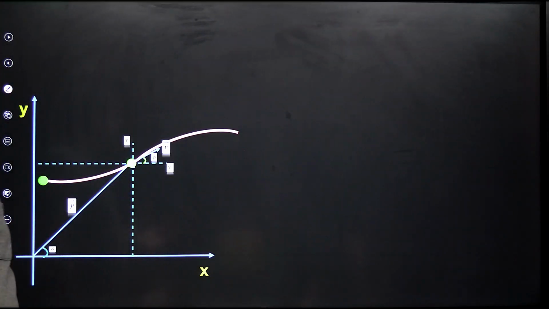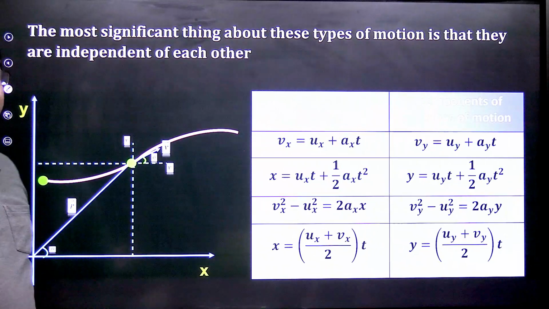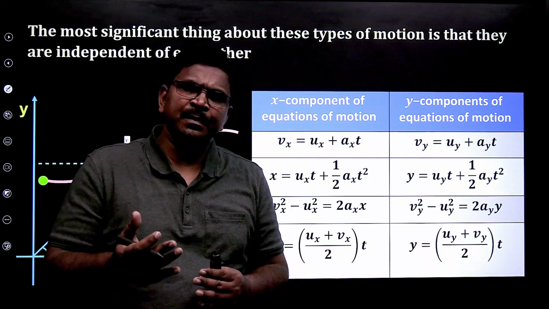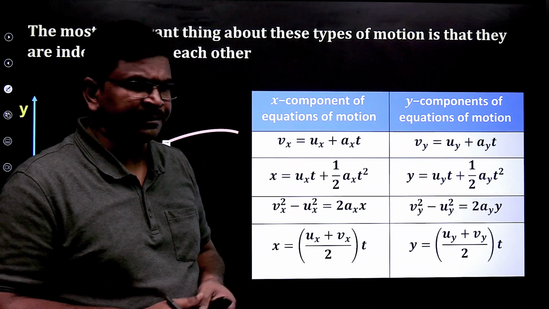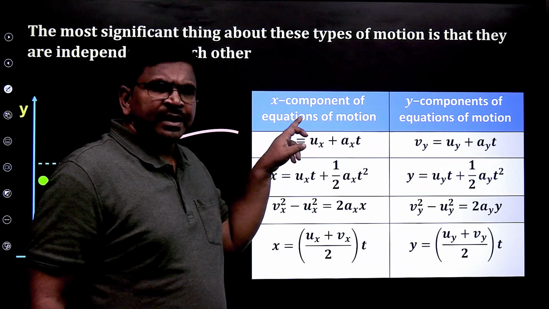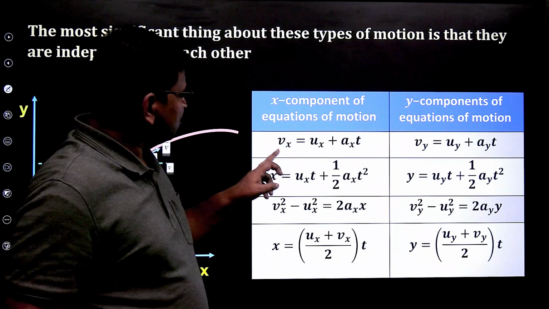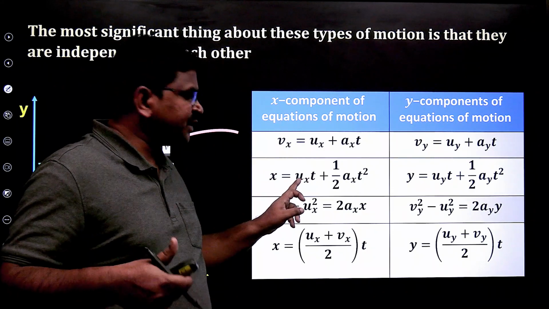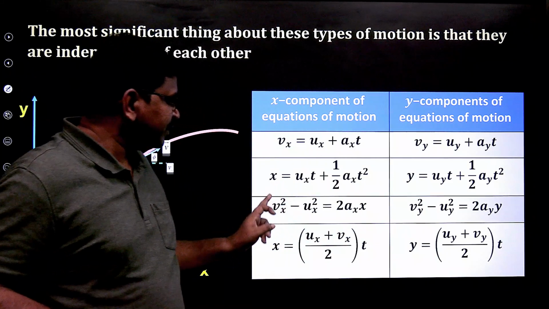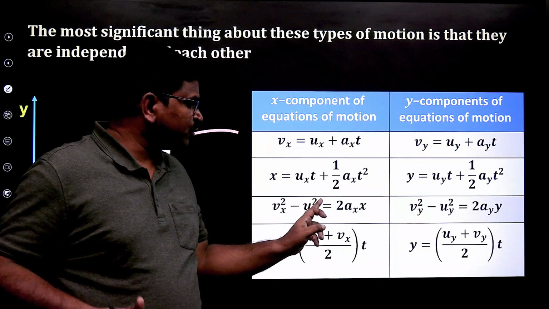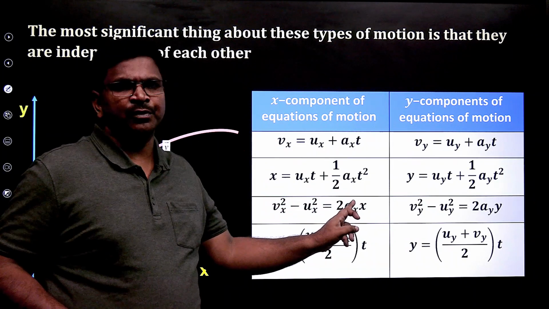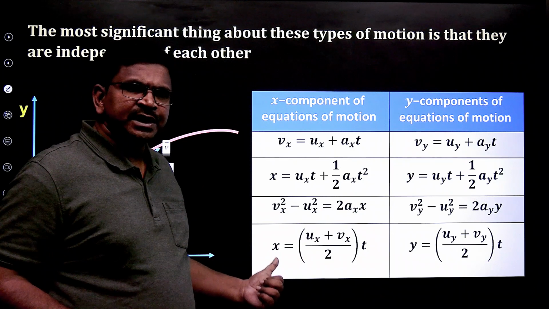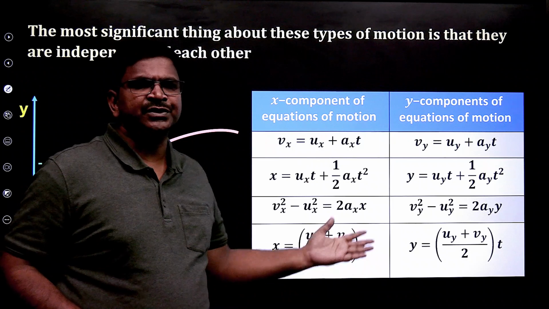So what we do, in general, is resolve the components into the x-axis and y-axis, and solve the problems by applying the same equations of motion. Along the x-axis, we have Vx equal to Ux plus Axt, x equal to Uxt plus half Axt square, Vx square minus Ux square equal to 2Ax times x, and the displacement along the x-axis is average velocity into time.